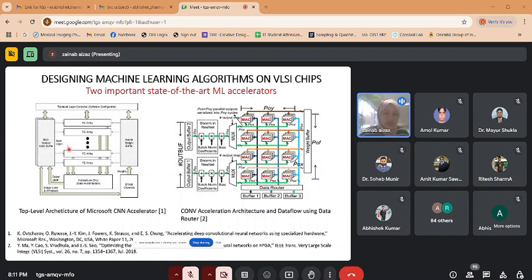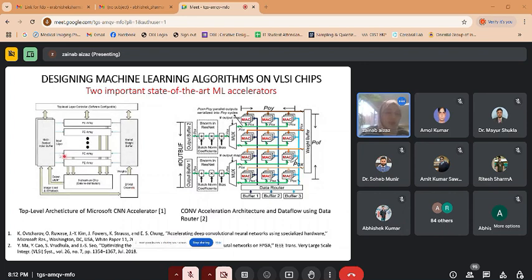Here you can see a multi-bank input buffer in which we have kept the pixels of the image. Imagine a CNN running through this accelerator. In this buffer we have put the inputs of the image, and then in DRAM, dynamic random access memory, which comes on when you switch the power on, we have kept the filter coefficients, the weights.